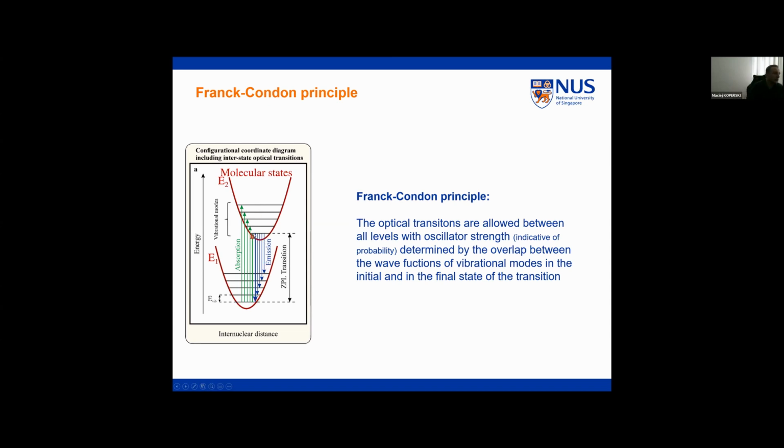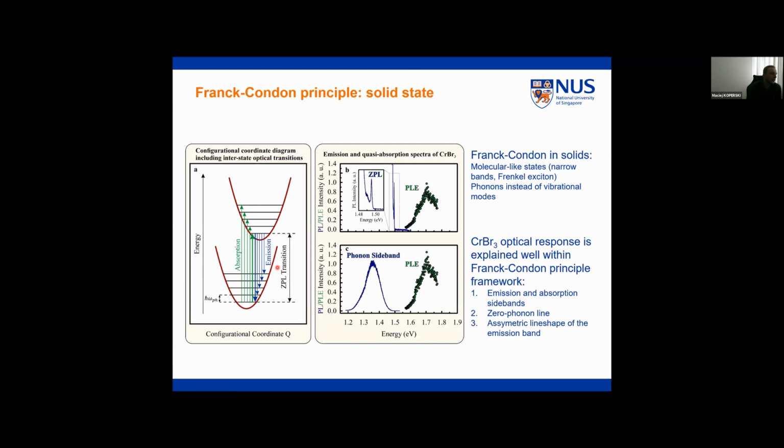While one of these transitions that doesn't involve any creation or annihilation of a vibrational mode is called the zero phonon line, and it's usually characterized by a much larger oscillator strength, so it is visible as a narrow resonance. So this kind of spectrum creates exactly the kind of response that we observe for chromium bromide or chromium iodide.